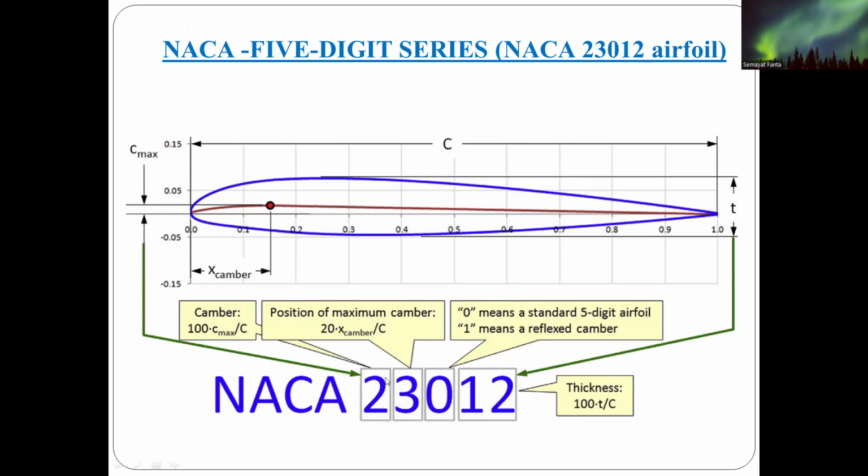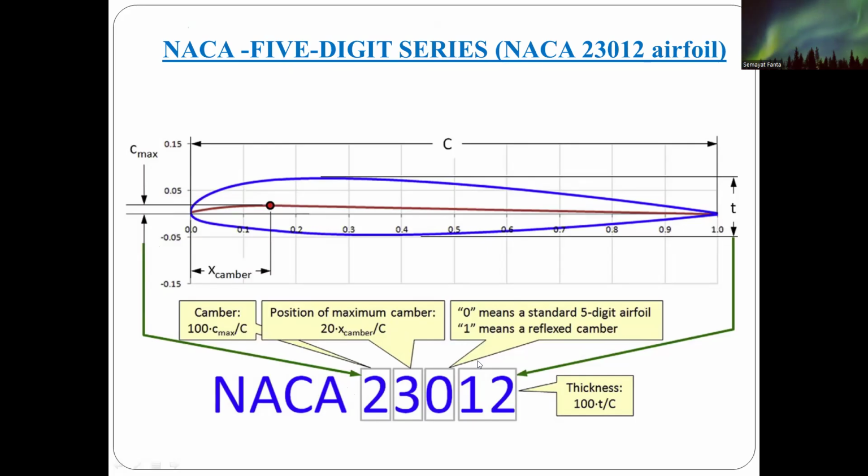Actually we can find C max using the first digit and multiplying it by 3/2, which gives the design lift coefficient. And C max is 30/2.